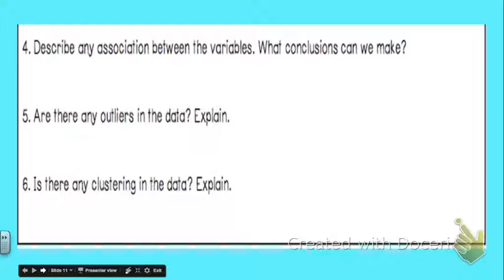So the first one is, describe any association between the variables and what conclusions can we make? Well, when I look at this, I want you to notice that as your x is increasing, so is your y. So they're increasing together. Therefore, we have a positive association. And as the population increases, the number of elementary schools increases.